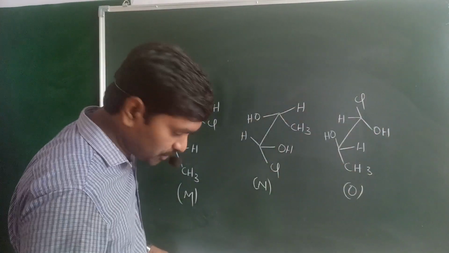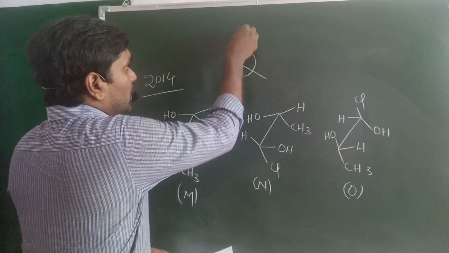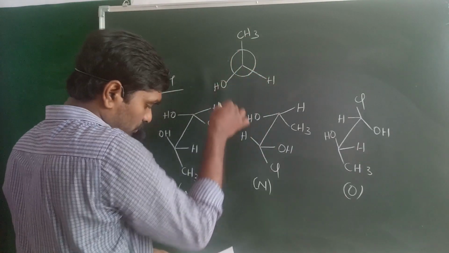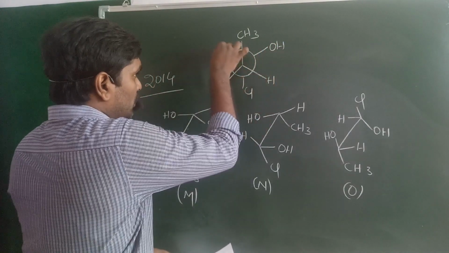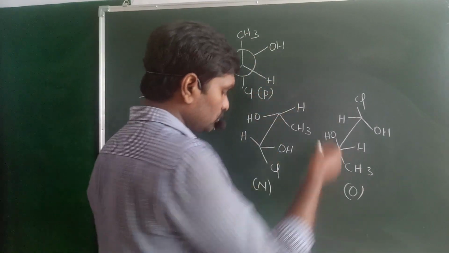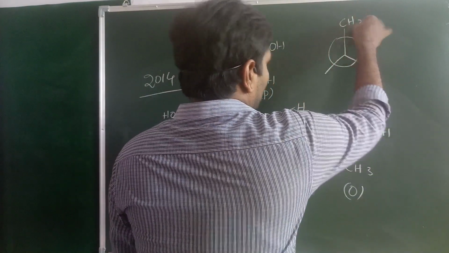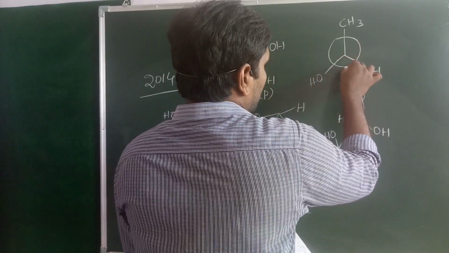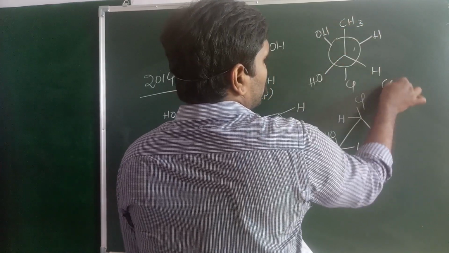So the Newman projection formula structure is like this: CH3, H, OH, Cl, H. So this one may be the P. So CH3, OH, H, Cl, H, OH. So this one may be the Q.